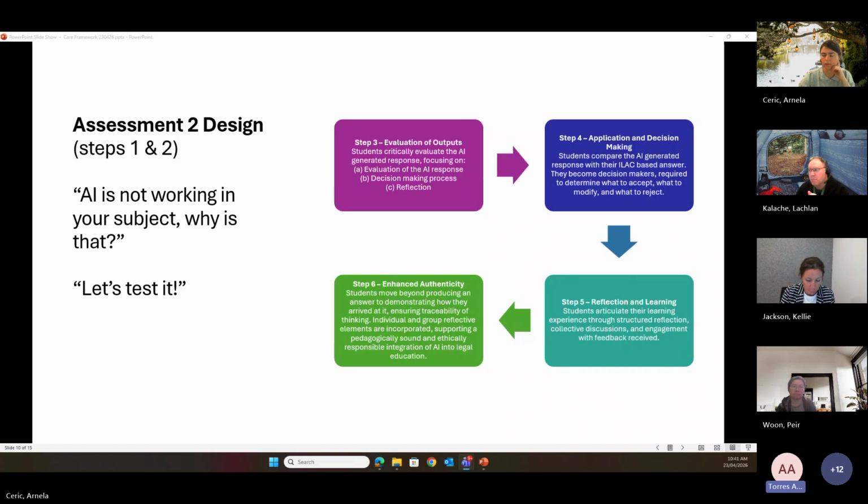They needed to give me examples of where AI suggestions or outputs were incorporated into their own answers, and why and when they deliberately disregarded those outputs.